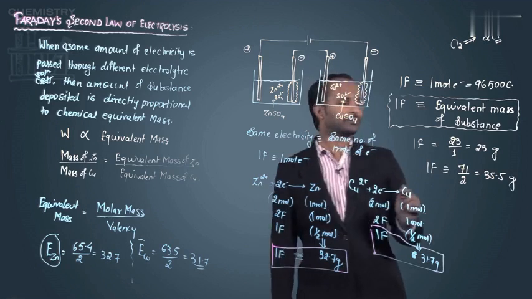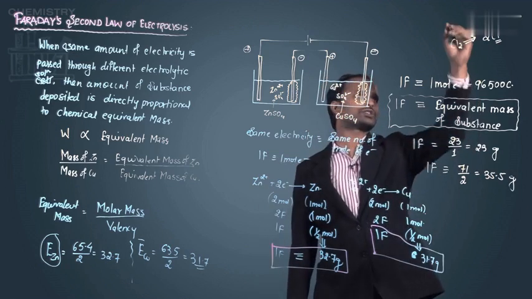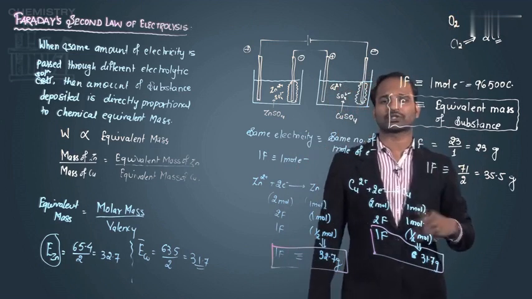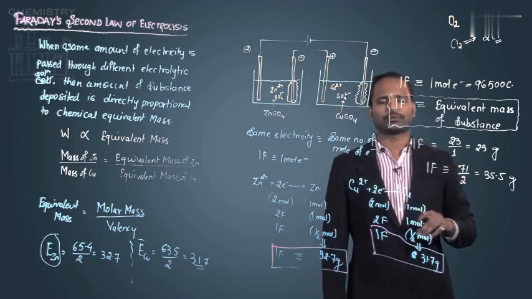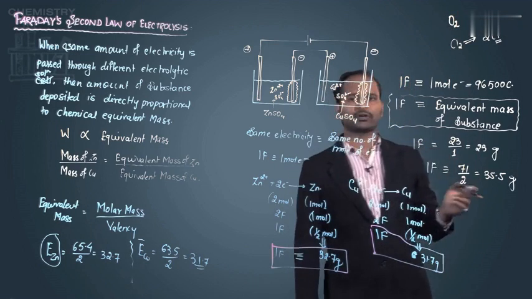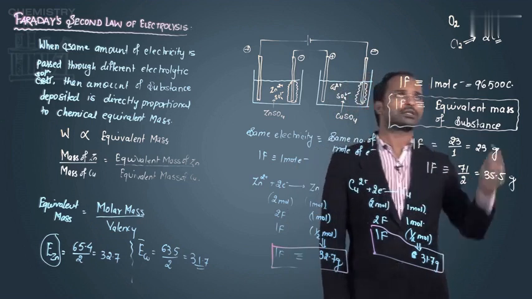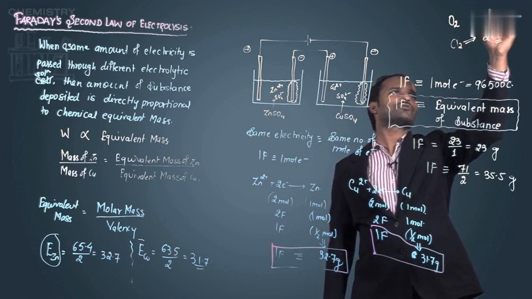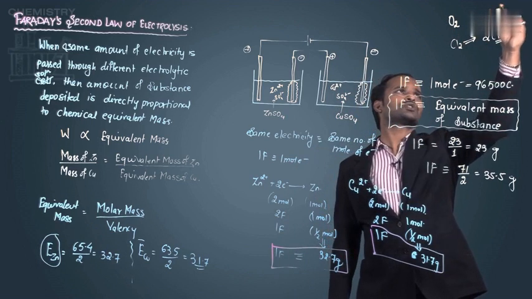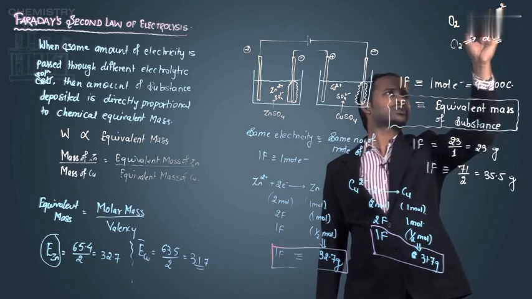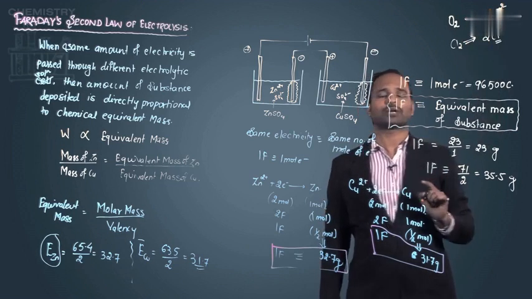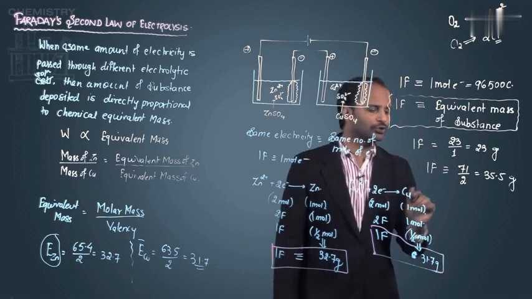Similarly, suppose I am talking about oxygen. If I am passing 1 Faraday of electricity, how much oxygen will deposit? The amount of oxygen deposited will be equal to its equivalent mass. Now oxygen, O2 minus, will form from 2 O, and each oxygen has a 2 minus charge. That means O2 has 2 oxygens, each with 2 minus charge, so O2 has a total of 4 charges.